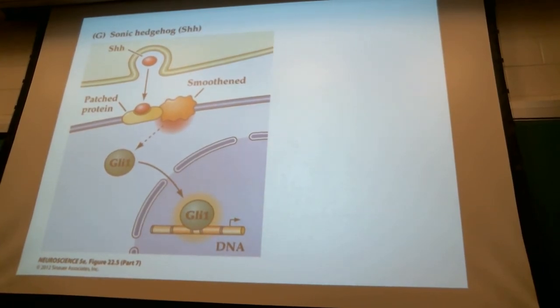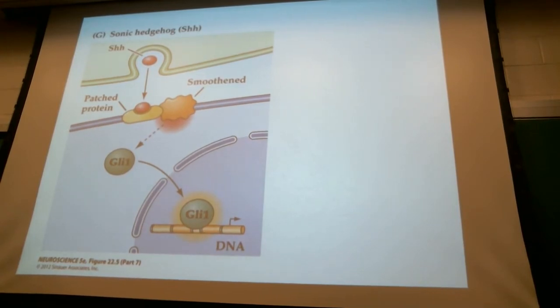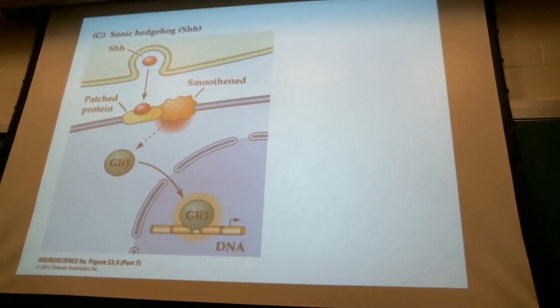So sonic hedgehog has a receptor called patched. When it binds to patched, there's a co-receptor called smoothened. They get together, and then that will send a signal inside, intracellular signaling. And then as a result, this transcription factor, V1, will go inside and bind to DNA and then turn on the gene.